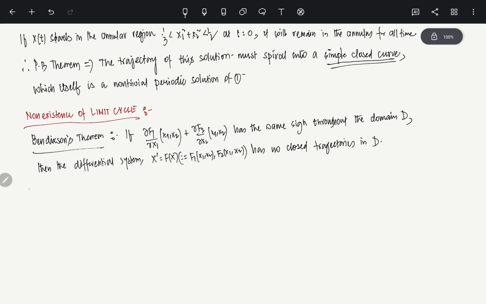Very simple. Now this proof will do, because it is a very easy proof.